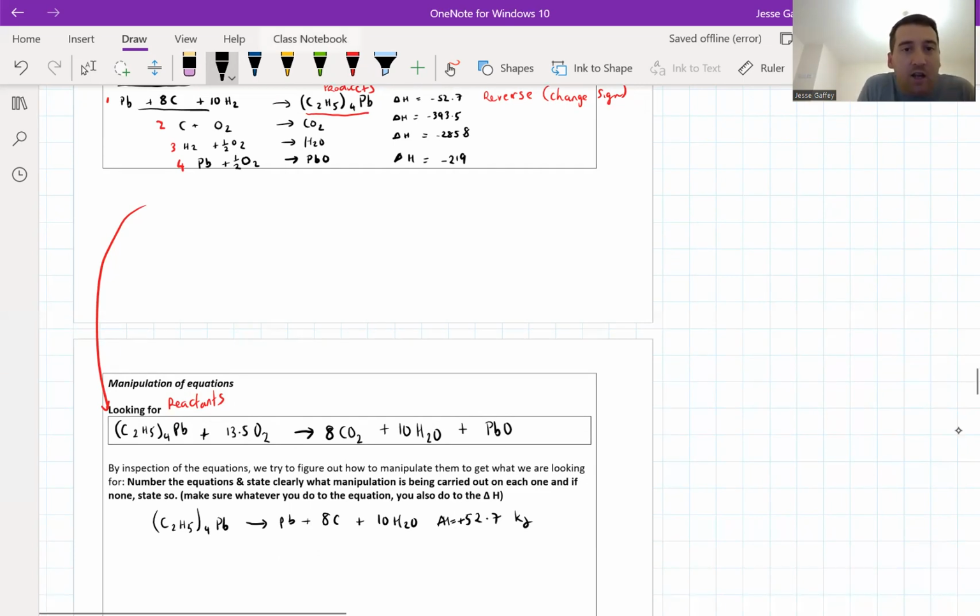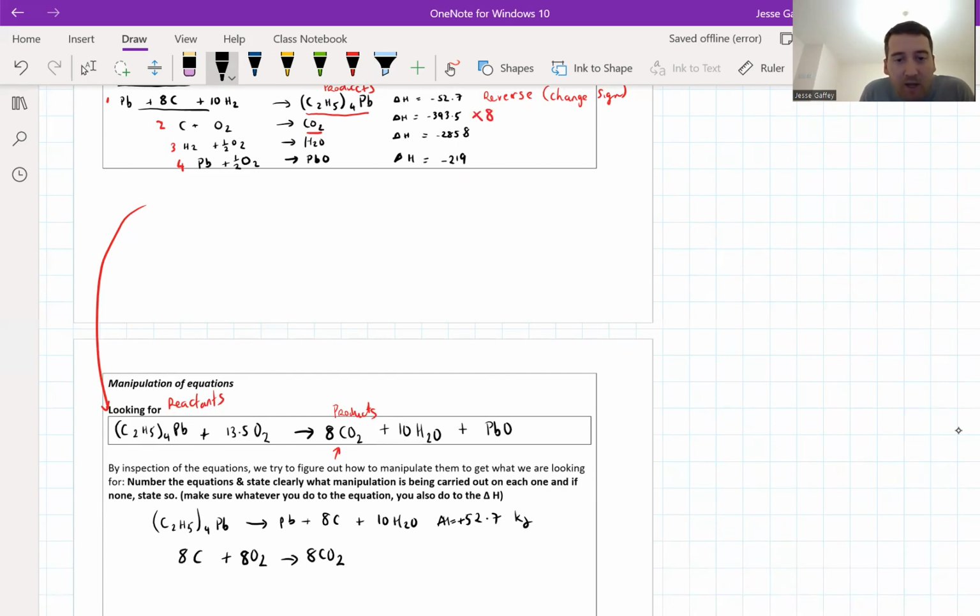Okay, let's look at the second equation now. And the compound is CO2. CO2 is already in the products up here, and I need it in the products down here. The only difference is that I need 8 of them in this reaction, and this only makes 1 of them. So I'm going to times this by 8. I'm going to rewrite this equation down here by timesing everything by 8. 8C plus 8O2 make 8CO2.